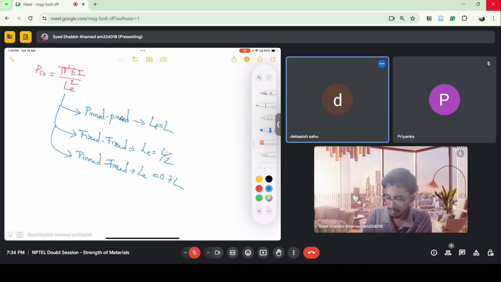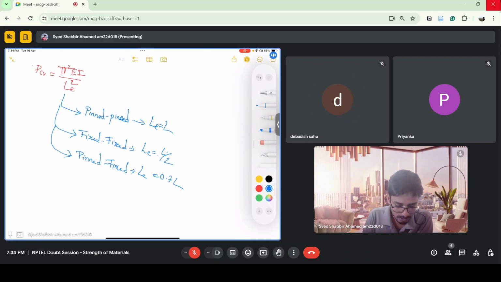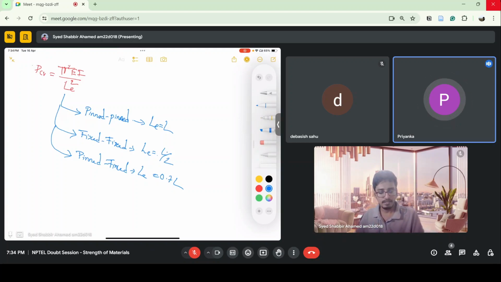I'll just see. Yes, sir. 1 by root 2, no, sir. 1 by root 2.